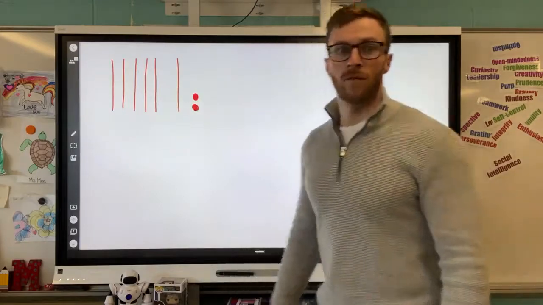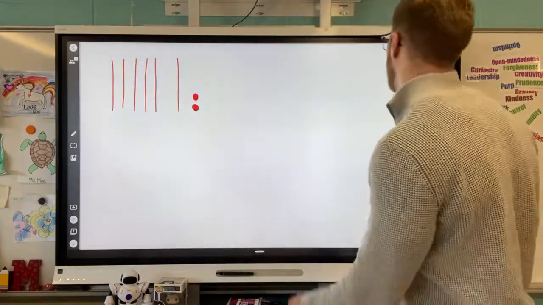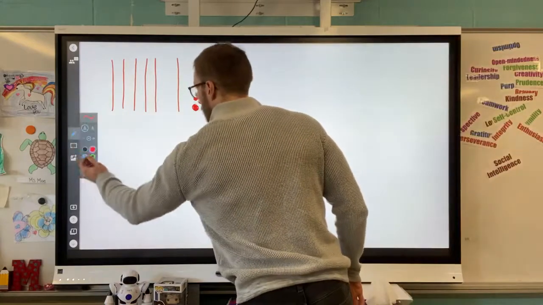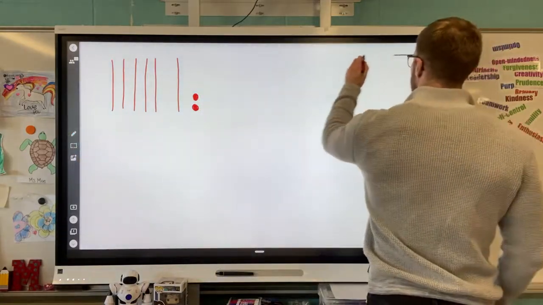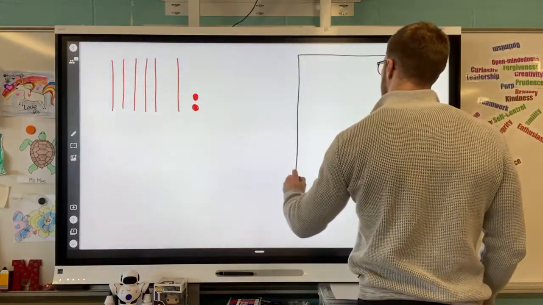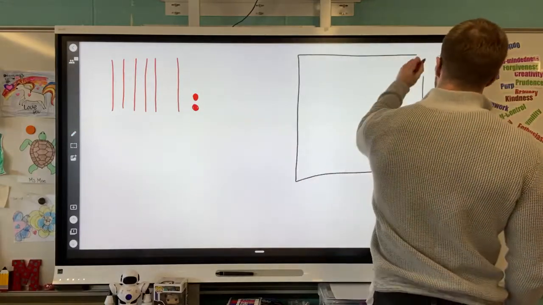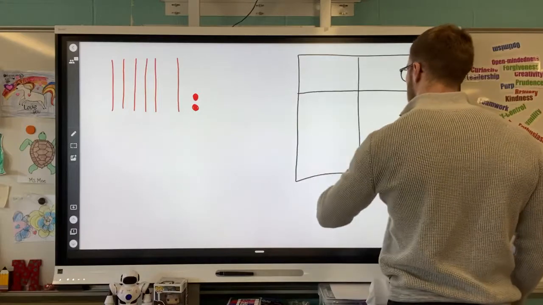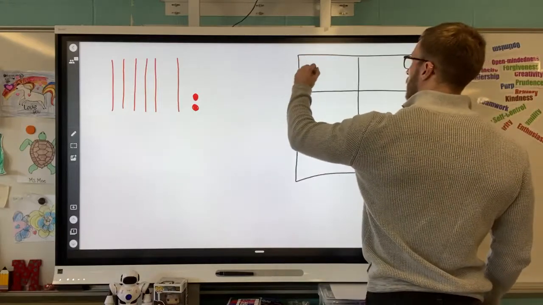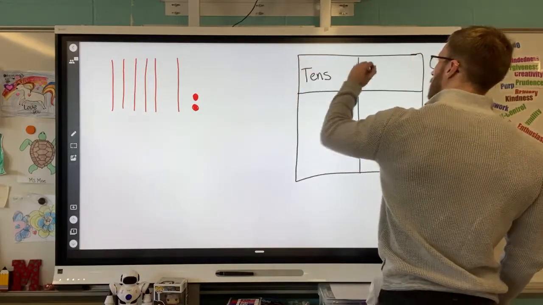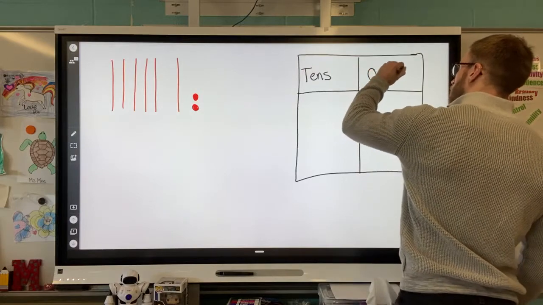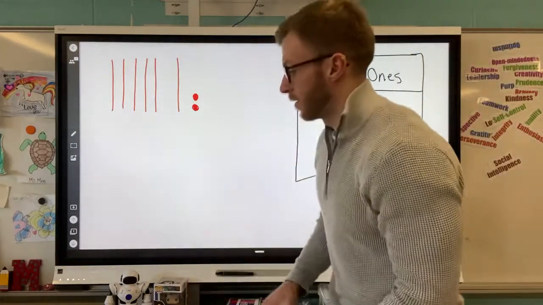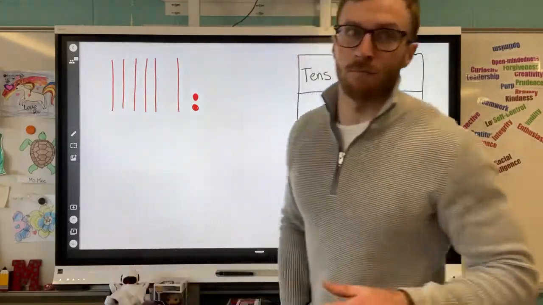Okay, so we need to figure out what that number is. I'm going to make my place value chart over here real quick. Tens and our 1s over here. Have we figured out what this number is?